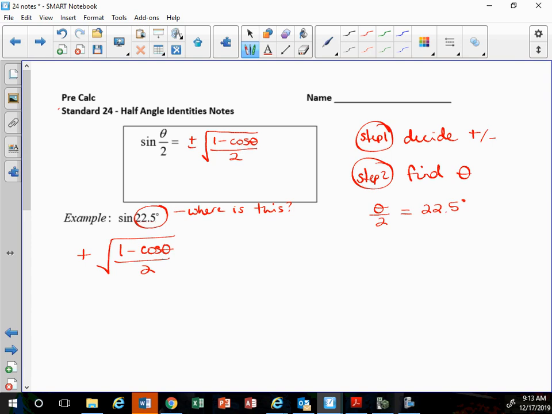That's what we're looking for. How could I solve for theta? Multiply by 2. What is 22.5 times 2? Is that maybe something we know about? Every time you find theta, it should be an angle that you actually know from your unit circle.